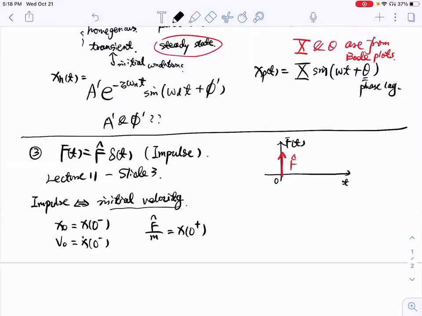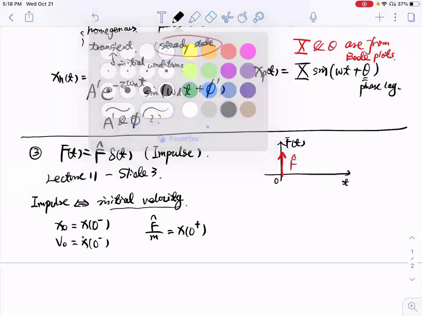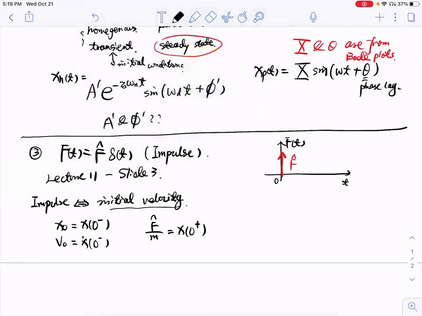But if you don't remember or understand these, what you need to do is just remember what this x(t) looks like. Eventually it becomes f hat times h(t). So what is h(t)? It's just the response of the unit impulse.